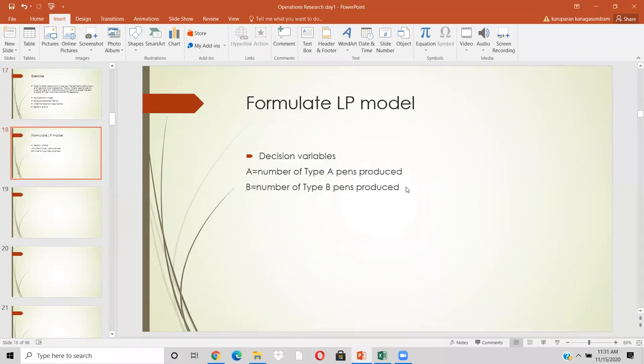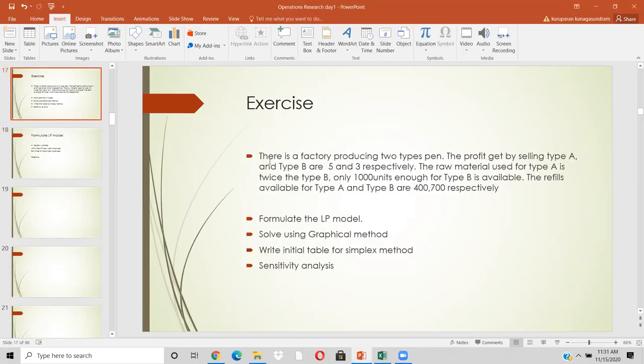Then identify what our objective is. What will be our objective? What are we talking about, profit or cost or something else?